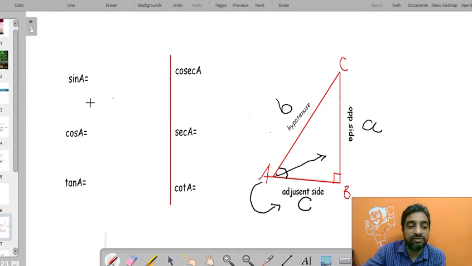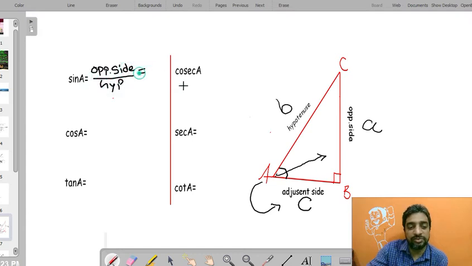Let us see what sine A, cos A, tan A, cosecant A, secant A and cot A are. Already we have discussed that trigonometric ratios mean the relationship between sides and angles. Sine of A is the relationship between the opposite side and the hypotenuse. So sine A is opposite side by hypotenuse.